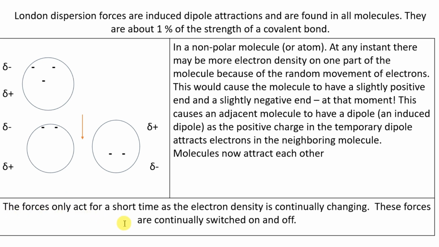The forces only act for a short time as the electron density is continually changing. These forces are continually switched on and off. But in a large sample, and we always have a very large sample of particles, there will be induced dipoles at some parts.